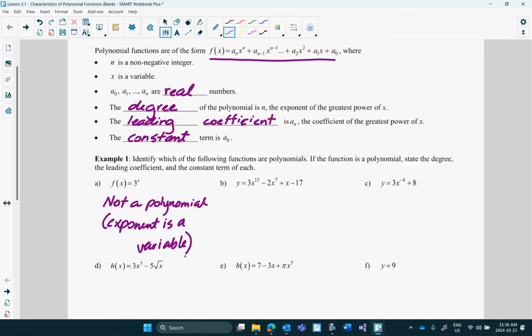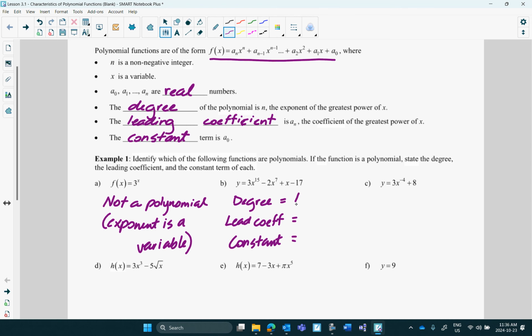It's a polynomial. So because it's a polynomial, I want to know the degree, the leading coefficient, and the constant. And here's how you find them. What's the highest exponent you see?